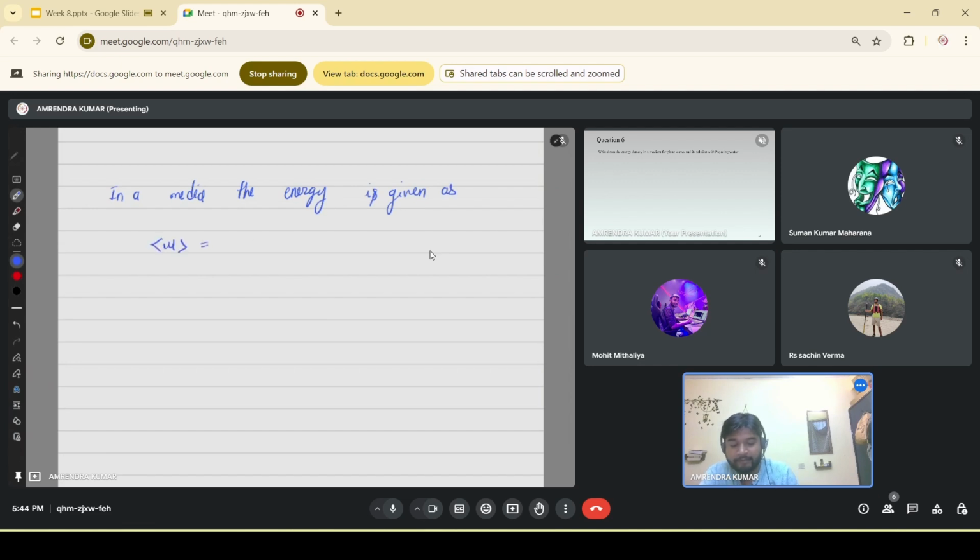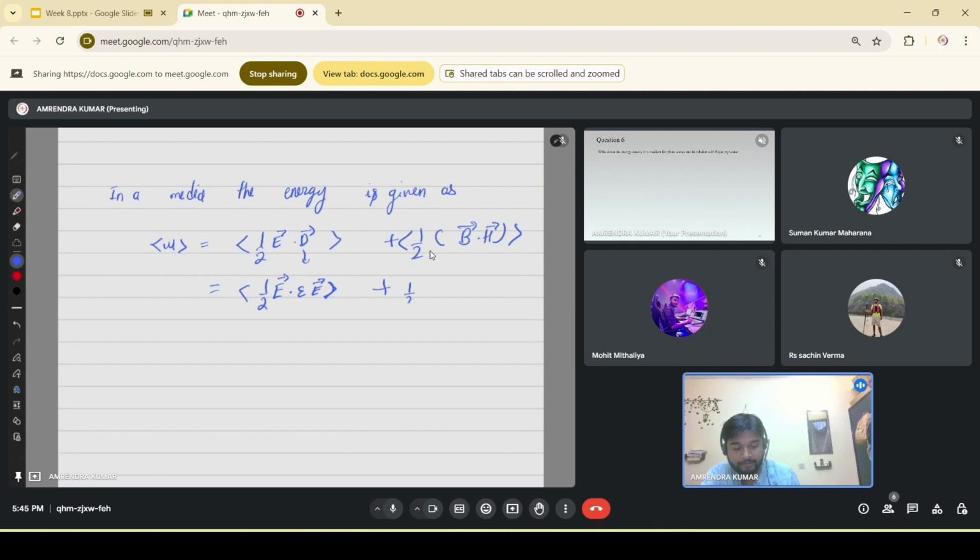u, that's the average of 1 by 2 the electric field and the displacement field, and similarly 1 by 2 the magnetic field and the intensity in the medium. So we know that this is nothing but 1 by 2, and because this displacement field is linearly proportional to the E, we can write this as epsilon E, and then average, and then 1 by 2 for this average also.